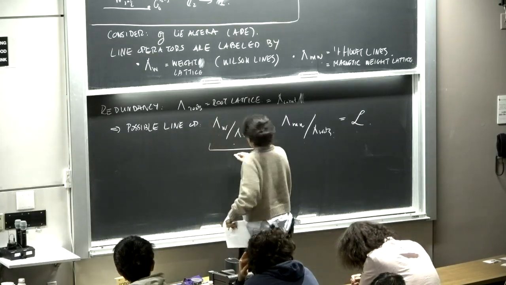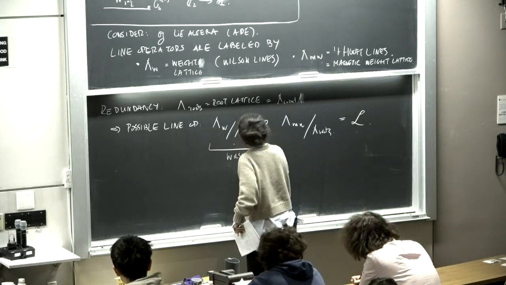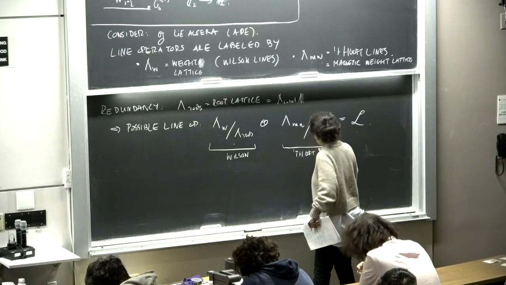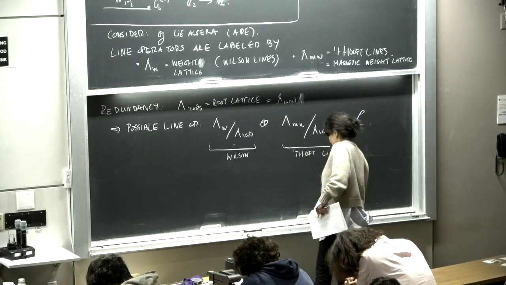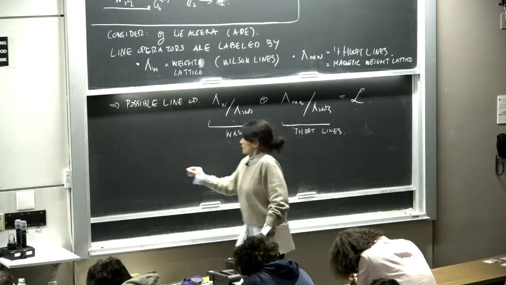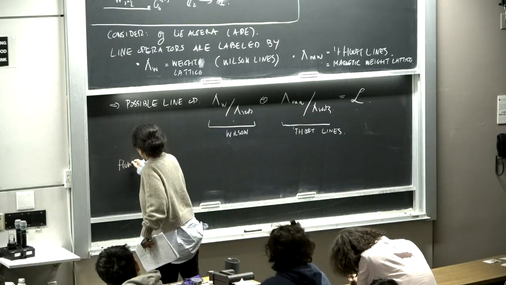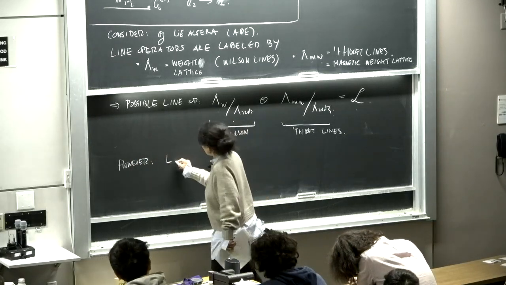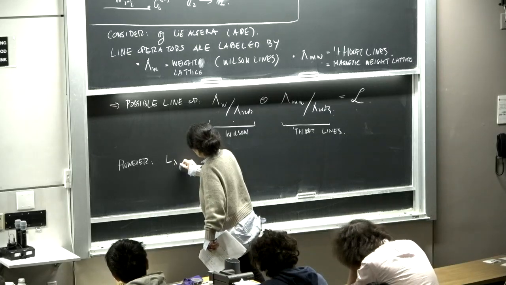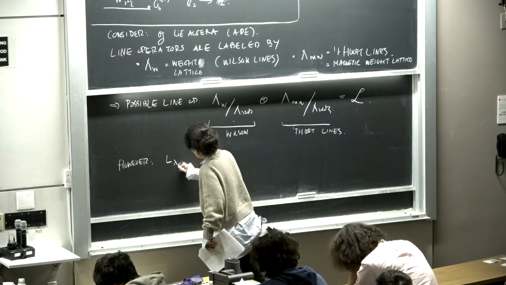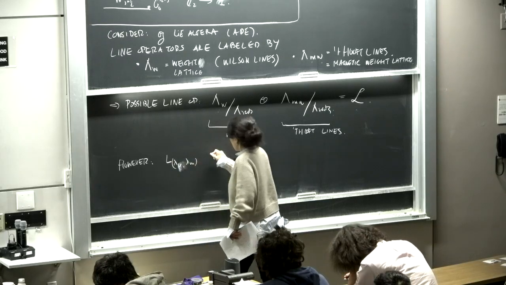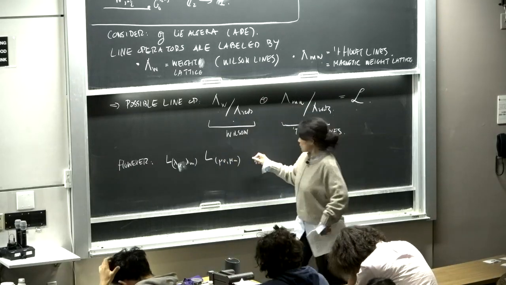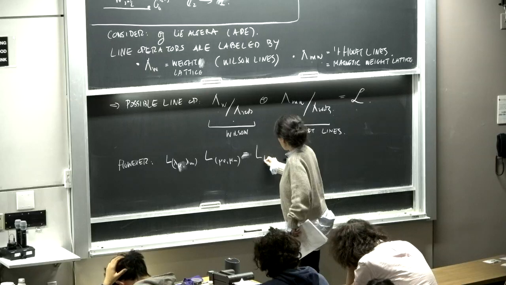These are Wilson, and these are 't Hooft lines. So the issue is that these are not mutually local. Take an arbitrary line L with some lambda electric and lambda magnetic charge, and some mu electric, mu magnetic, and I move them around each other and exchange them.